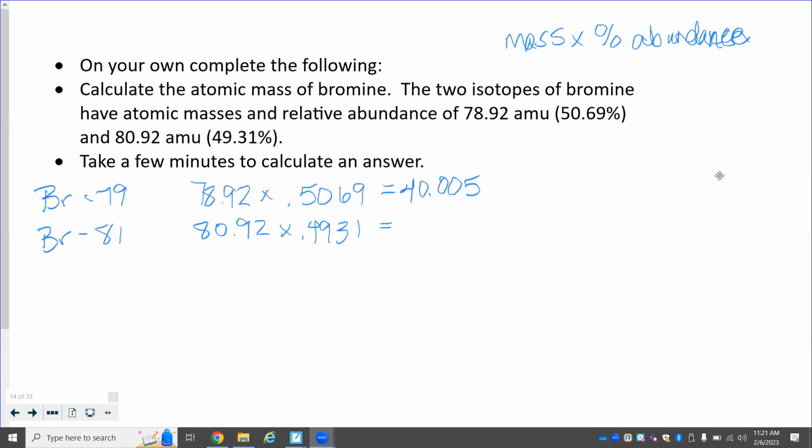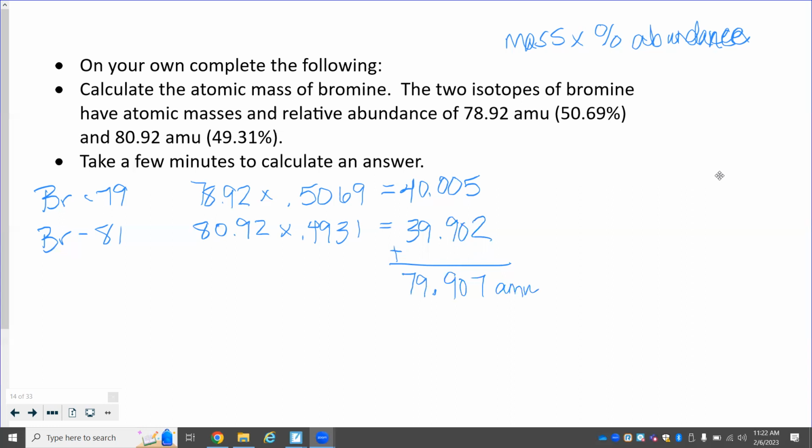And that has a relative mass of 39.902. When we add those together, we get an average atomic mass of 79.907 atomic mass units. And yet again, you can check, bromine on the periodic table is 79.90.